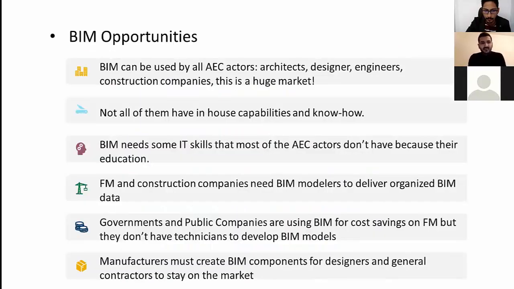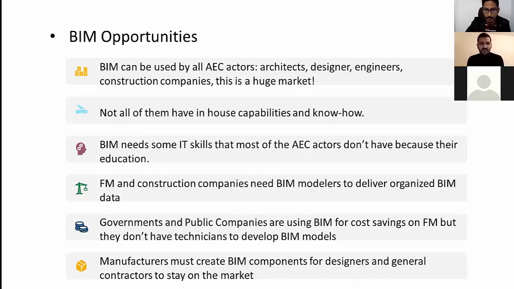Okay, what are the BIM opportunities? BIM can be used by all AEC actors like architects, designers, engineers, construction companies. This is a huge market. Not all of them have in-house capabilities and know-how. BIM needs some IT skills that most AEC actors don't have because of their education. So our schools, for example architecture schools, do not provide IT skills. So we have to learn them alone, or maybe from some courses.